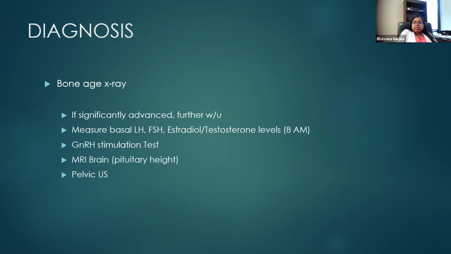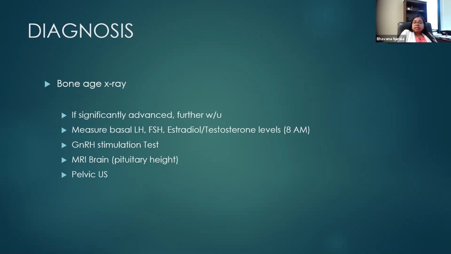So diagnosis is obviously, like I said, we always get a bone age, right? If significantly advanced, you start your workup. You want to measure basal levels of LH, FSH, estradiol, and testosterone, preferably 8 a.m. fasting. And if you are convinced they are pubertal, but your levels are not consistent, you could do a GnRH stim test.